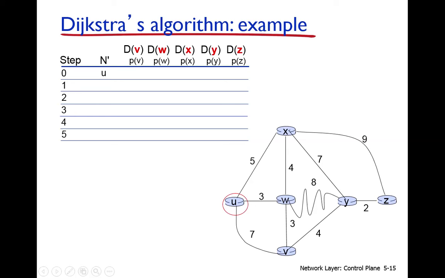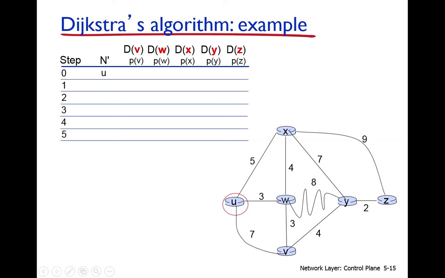D(V) means the distance from U to V. And P(V) means the predecessor. That is, if we want to move from U to V, which is the previous node? Okay, so we will discuss it.